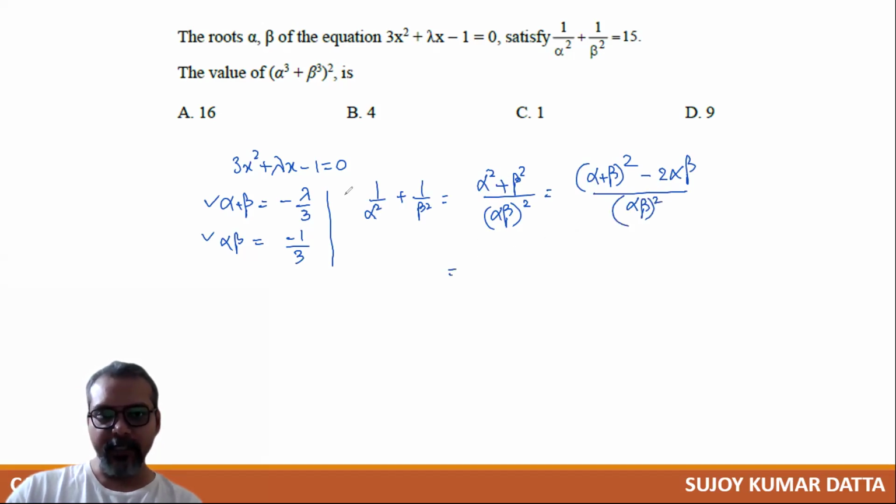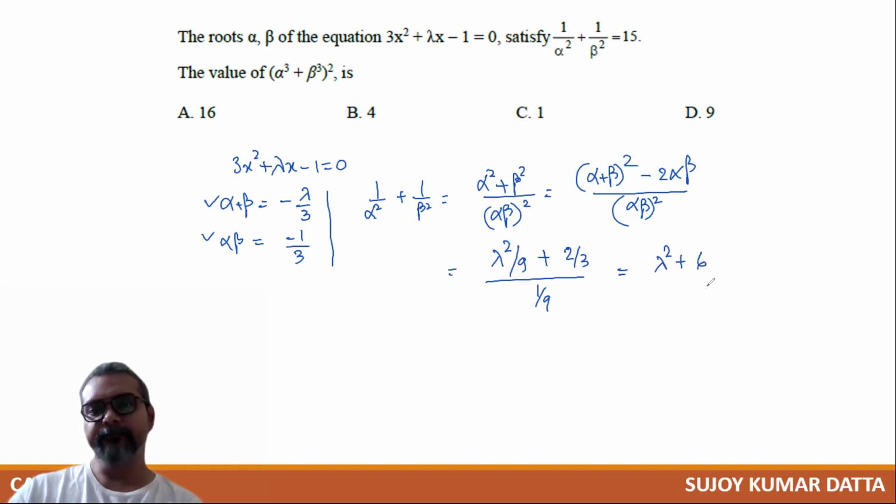Now plugging in the values, alpha plus beta is negative lambda by 3, squared, lambda squared over 9, minus 2 times minus 1/3, so plus 2/3, divided by alpha beta squared, which is 1 over 9. So this comes out to be lambda squared plus 6. So 2/3 divided by 1/9 is 2/3 times 9, so that is 6. And lambda squared by 9 divided by 1/9 is lambda squared.